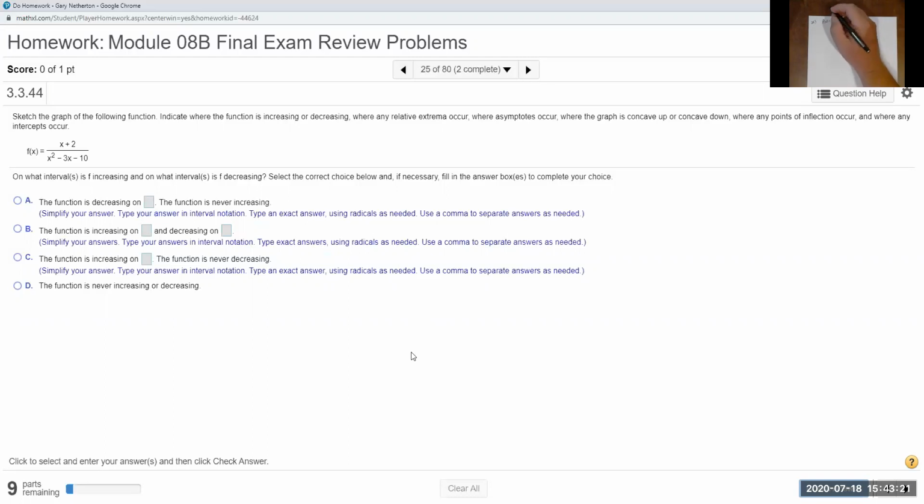Let me write down this function for 25. F of x equals x plus 2 over x squared minus 3x minus 10. And all the normal stuff.